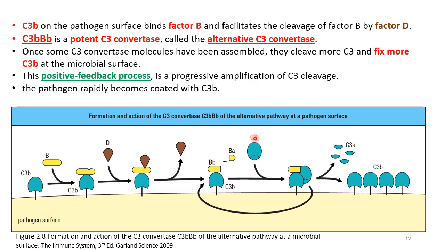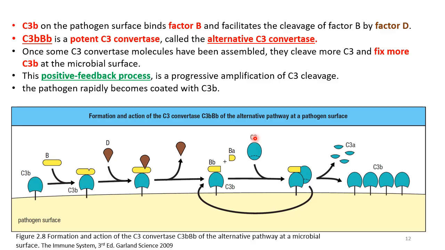C3 can autocleave, floating around. It can autocleave or can interact with water. Let's say here this guy autocleaves, okay? So a piece of it, C3a, is going to fly away. C3a flying away, C3b, and here is a pathogen.